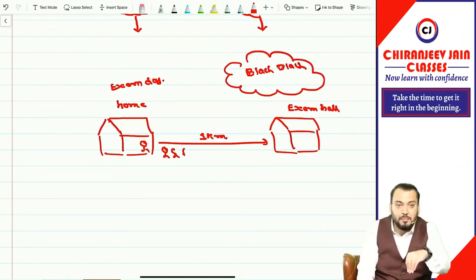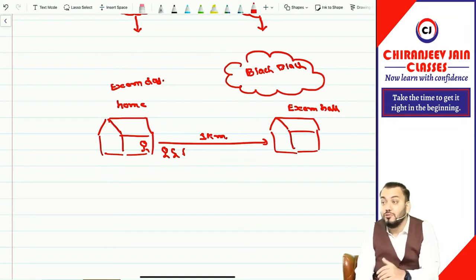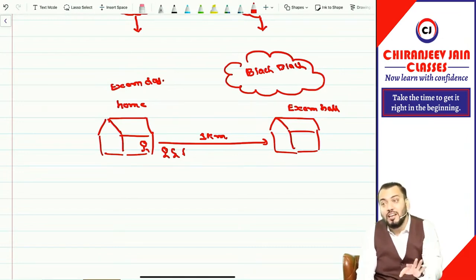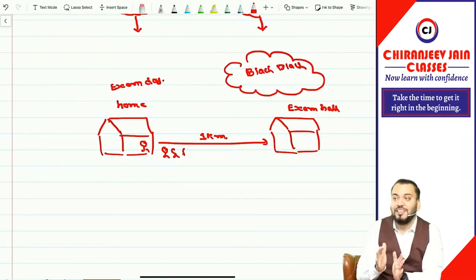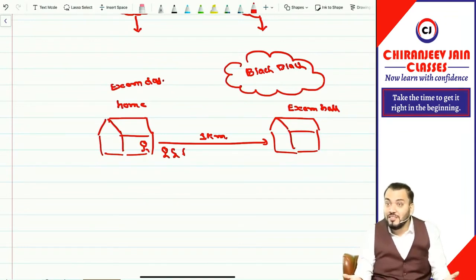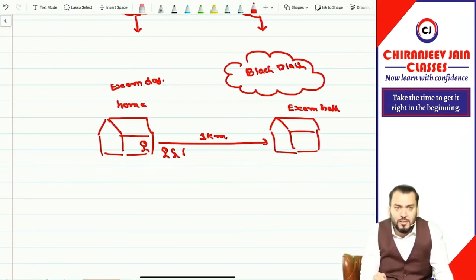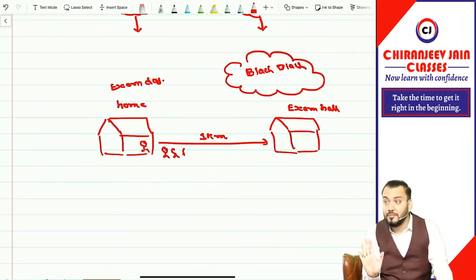But right now there is a black cloud. So once again you do the assessment of current circumstances. You go to Google Baba. Now Google Baba is saying due to wind there is a less chance of rain in your locality. Quite possible. But there is a black cloud.